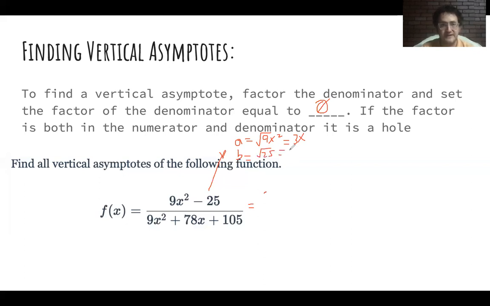So the top is a difference of squares, and I would get (3x + 5)(3x - 5).